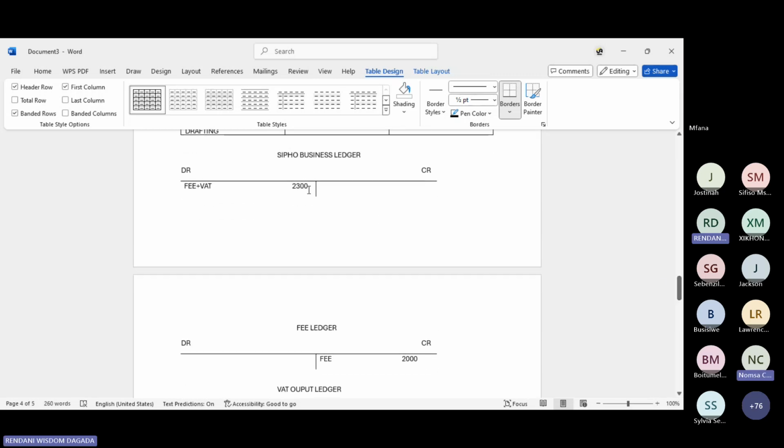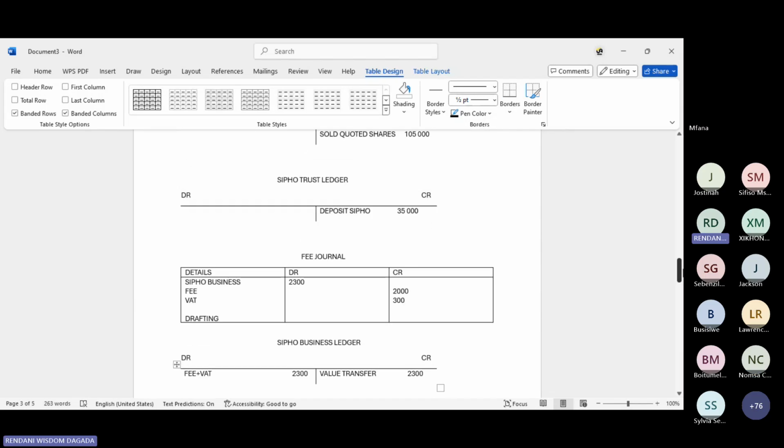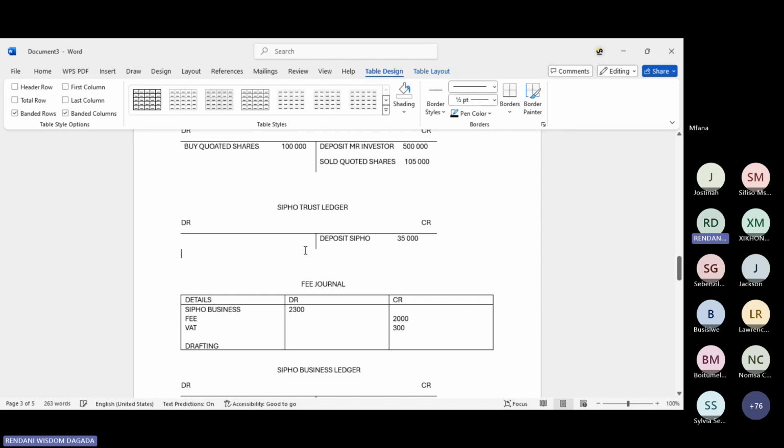There's Sipho Business. On the credit side, you're just going to say value transfer, 2,300. You look for Sipho Trust on the debit side, value transfer, 2,300.